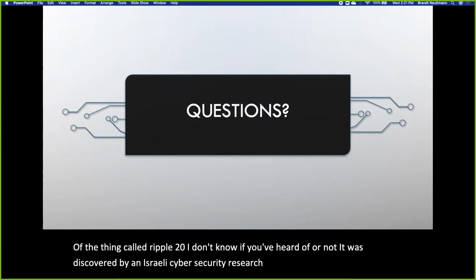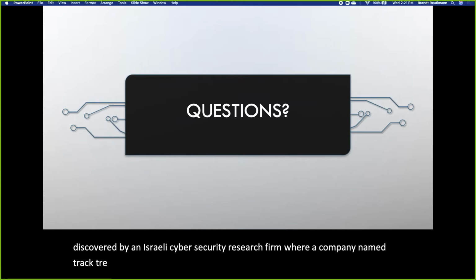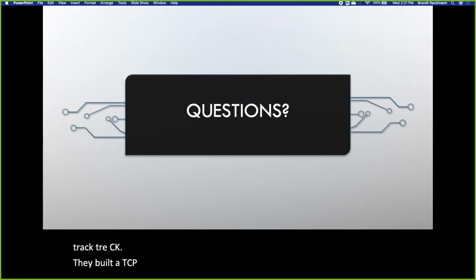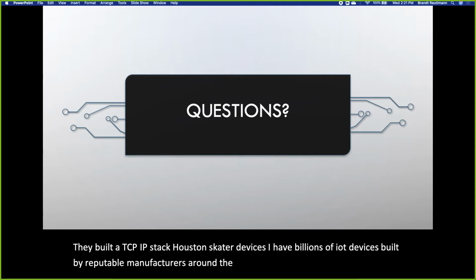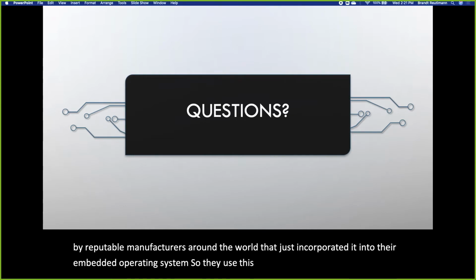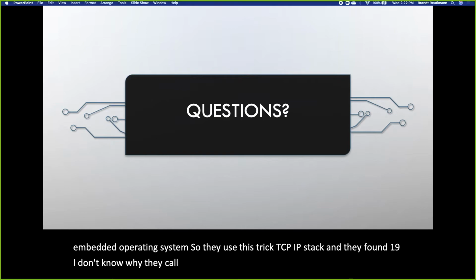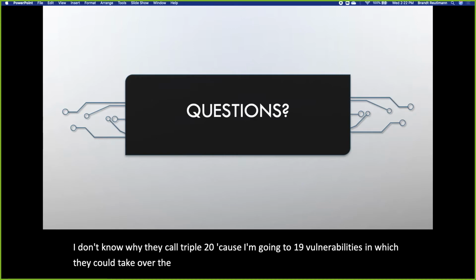A company named Treck, T-R-E-C-K, built a TCP/IP stack used in SCADA devices, and billions of IoT devices built by reputable manufacturers around the world incorporated it into their embedded operating systems. They found 19 vulnerabilities, though I don't know why they call it Ripple20, in which they could take over the device and do command injection and similar things.